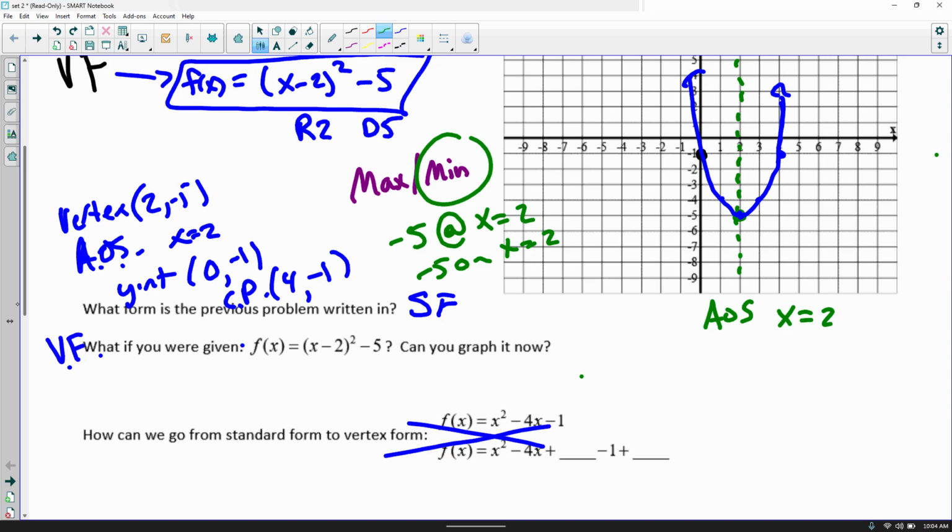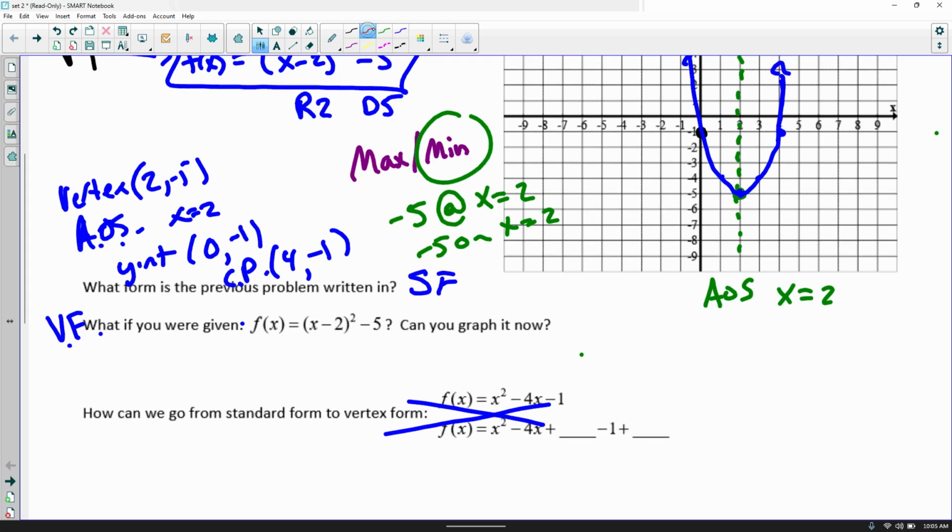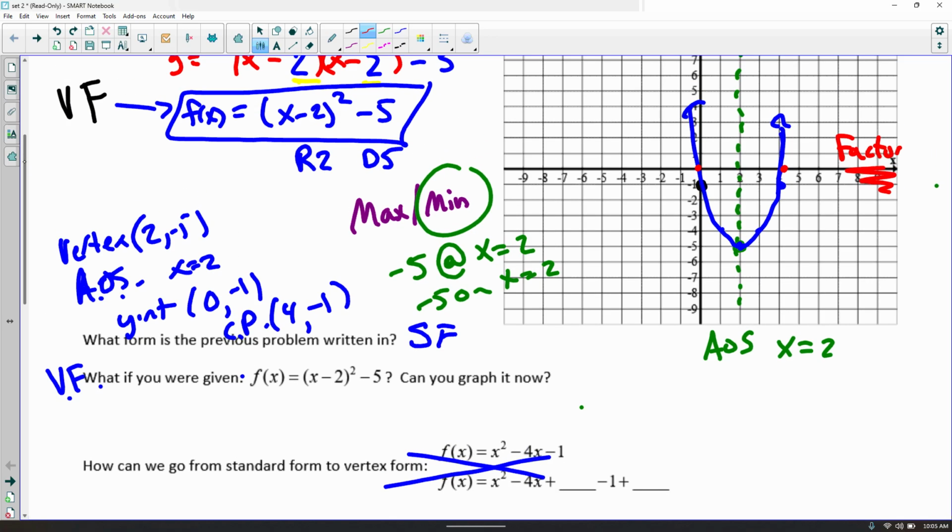All right. So why could we not find the x-intercepts? It didn't factor. It didn't have some clean factors. So we are going to be able to solve that here in a little bit. I'm going to go over the solving part just so you can see it. You don't have to write this down.